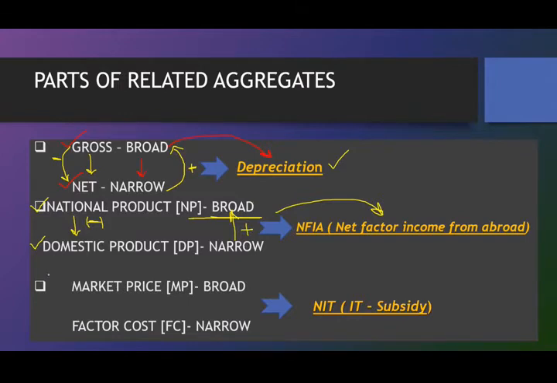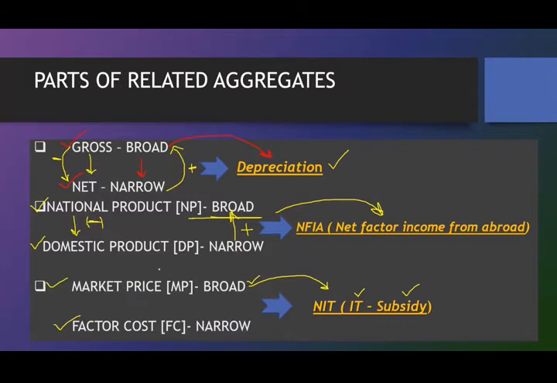Now the third family member which we have is MP and FC. When we talk about it, MP is the broader concept. MP stands for market price, which includes NIT. NIT stands for net indirect taxes. How we get the formula: it's the difference of indirect taxes and subsidies. Indirect taxes like excise duty, GST, which is now the comprehensive indirect tax. So GST is one of the indirect taxes, and when we deduct subsidy out of it, we get NIT.